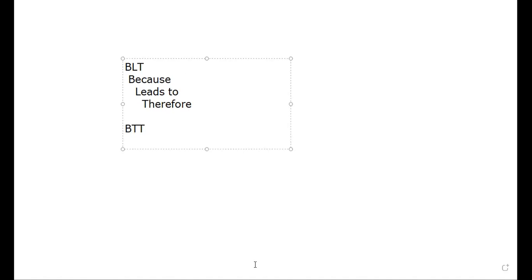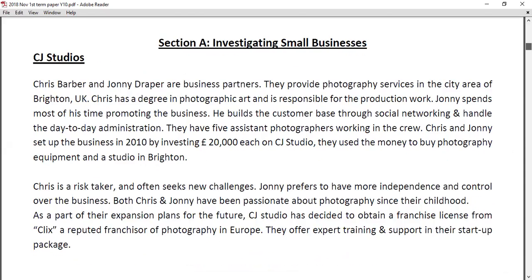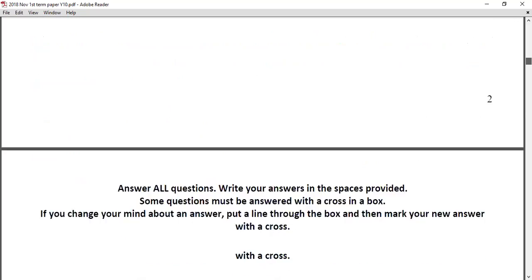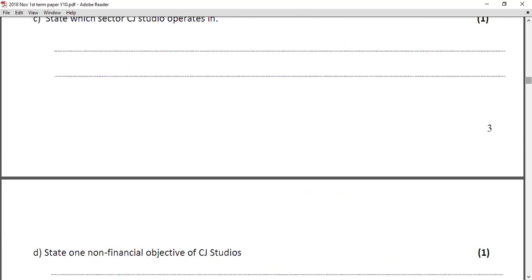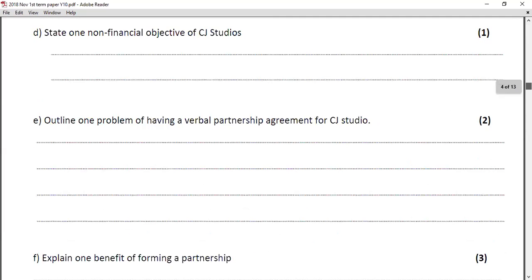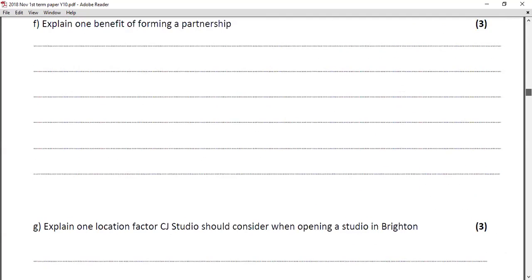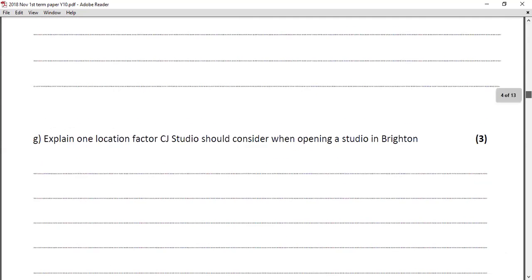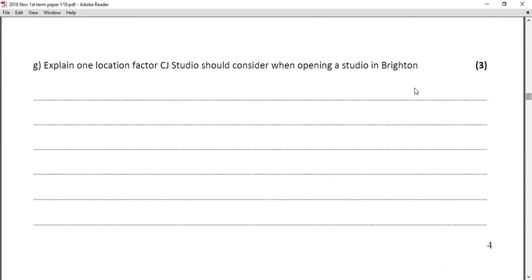So let's go back to the question. Another explain question, the small business case study. Part G: explain one location factor CJ Studio should consider when operating a studio in Brighton.